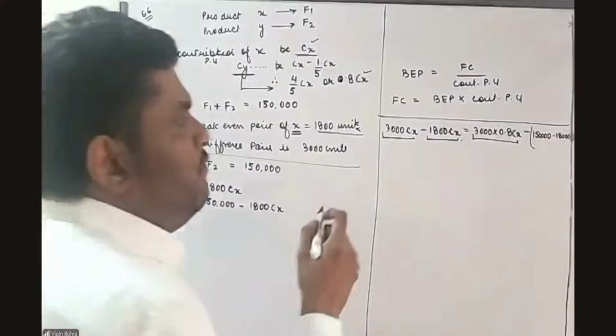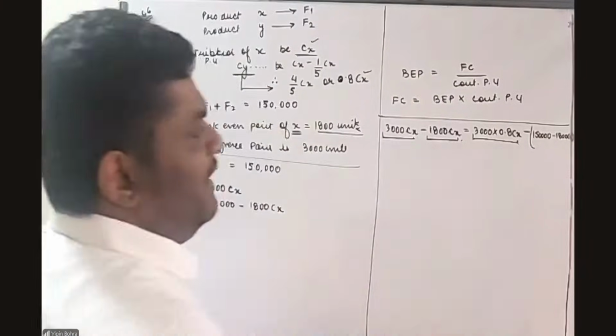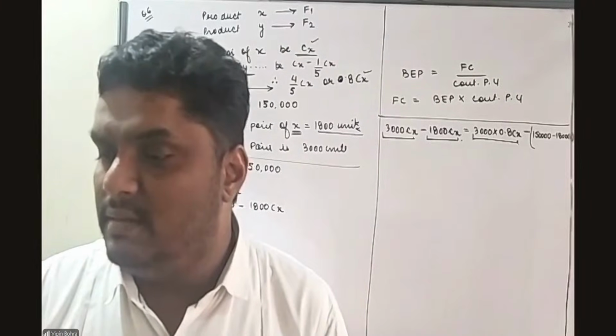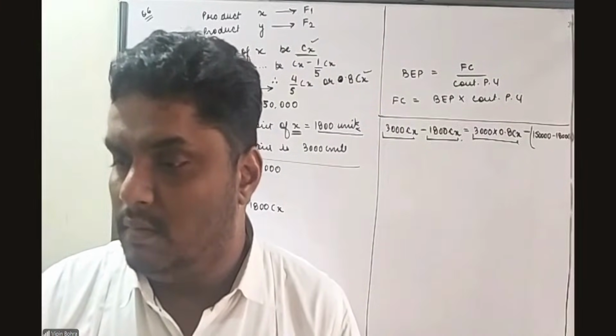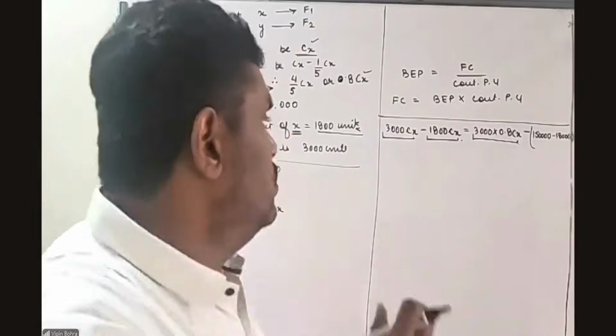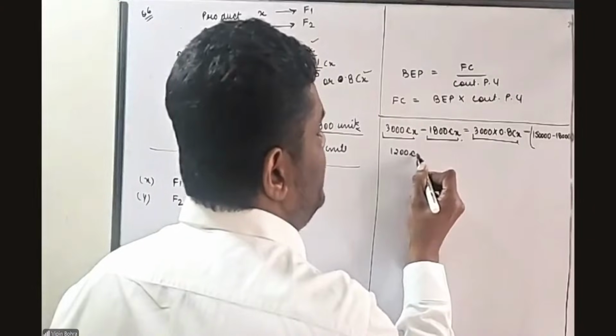So let's solve this question now. 3000 CX minus 1800 CX. This will be 1200 CX.